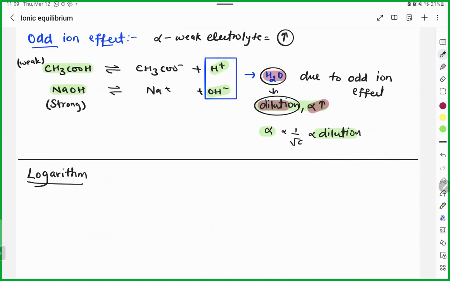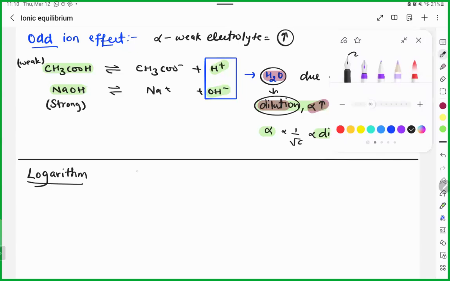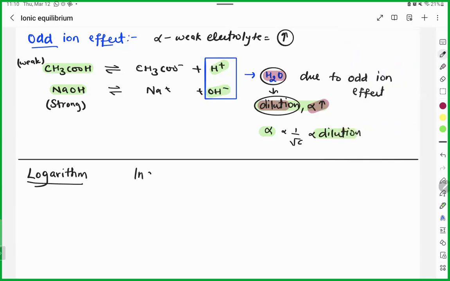In case of log, you have many basic formulas, like natural log x is equal to 2.303 log x. You must have seen this, correct? Natural log x is equal to 2.303 log x. This is also equal to log base e of x, the meaning is the same.